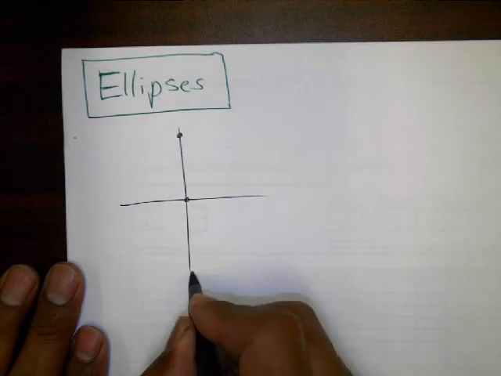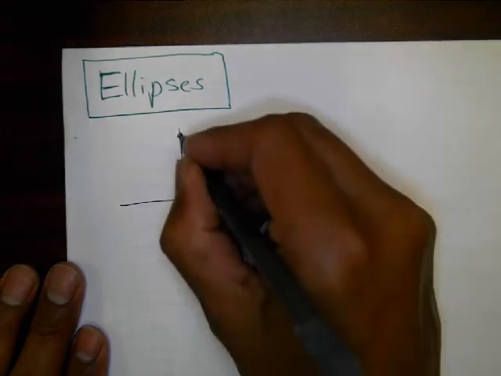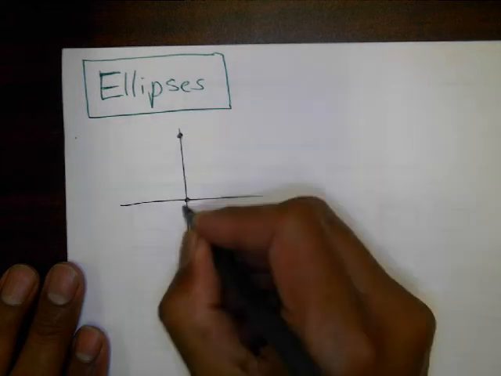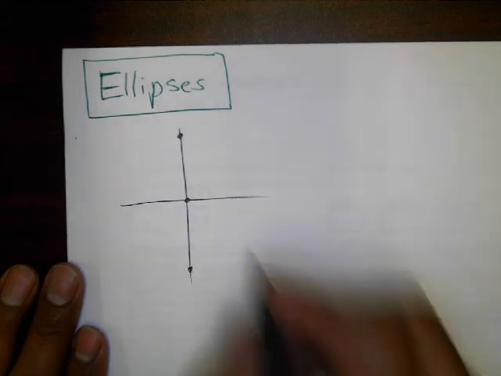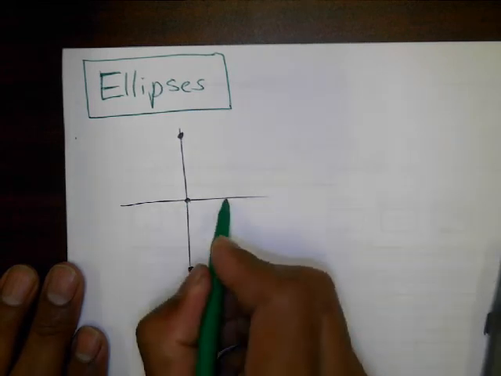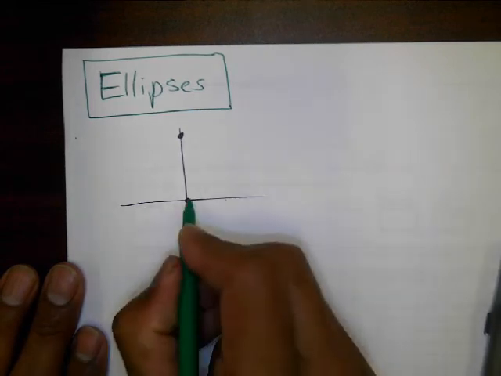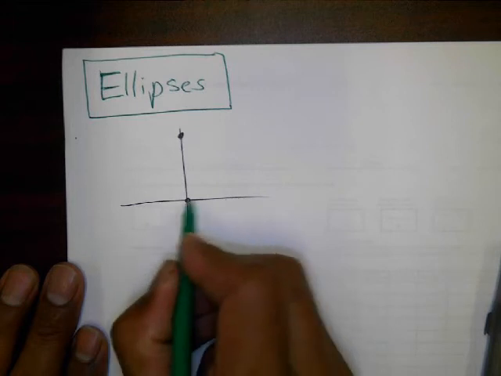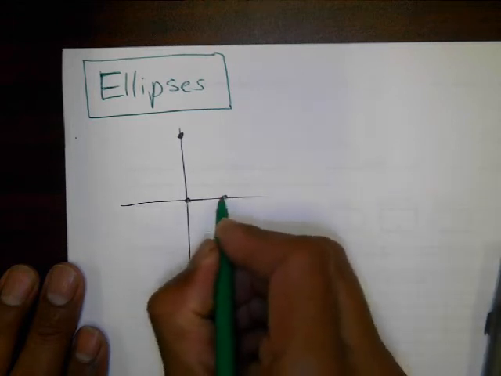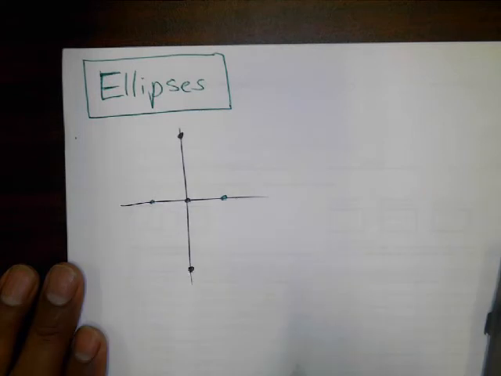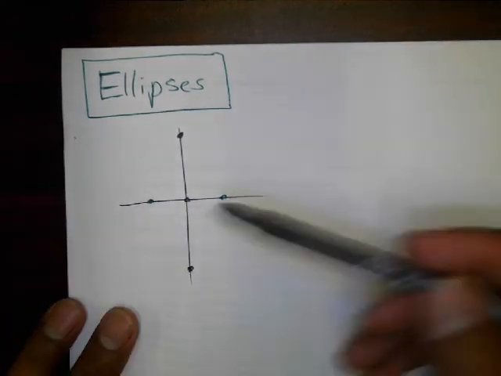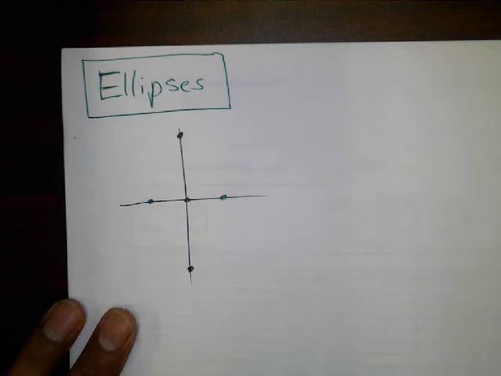you'll have vertices. Whatever this distance from the center is here, it's the same distance away here. And we're going to mark those points. Then you'll have a different distance, a shorter distance, if it's this way, and we're going to mark these dots here, but honestly, the vertices that they're going to call out are always on the major axis.